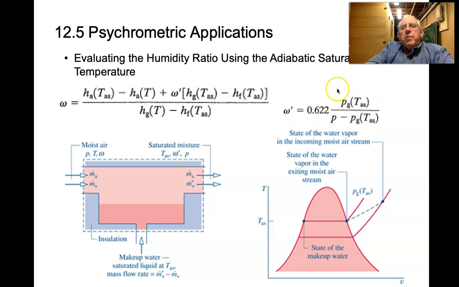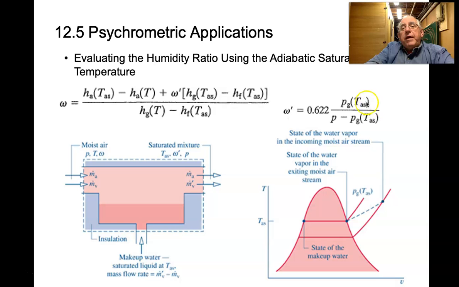And we know from an equation that we developed earlier that that's simply equal to 0.622 times the vapor pressure at the saturated temperature. And since we measured the T_AS, this value right here can then be obtained from the steam tables at that particular temperature.